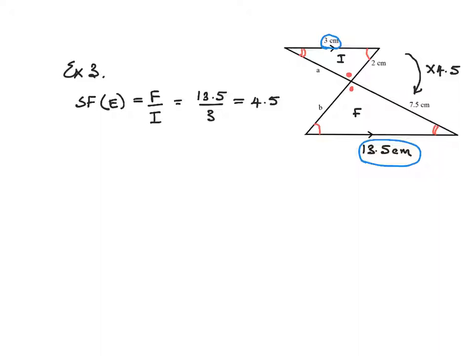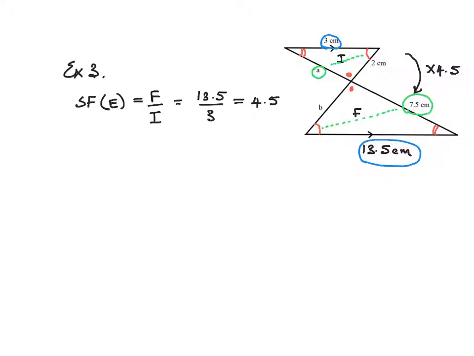Right, what we're going to do next is to calculate the value of A. So, what do we know? Let's make sure that we get the sides corresponding. The side opposite the angle marked with a single arc in the smaller triangle is A, and the side opposite the angle marked with a single arc on the larger triangle is 7.5.